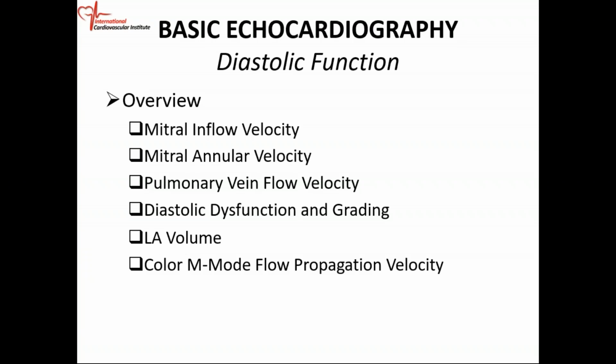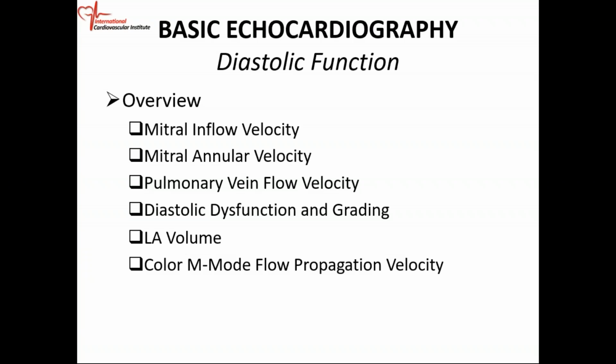And in diastole, the base of the heart moves downward, and we talk about two mitral annular velocities, the early velocity and the late velocity. The early mitral annular velocity we call our E prime. The late mitral annular velocity we call our A prime.